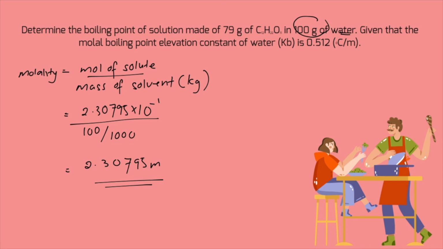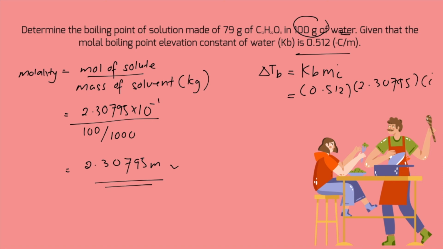Now you can use your formula for the change of temperature of the boiling point, which is equivalent to the Kb, molality, and the van't Hoff factor i. Since you know that the Kb is 0.512 and your molality is 2.30795, what is your i?